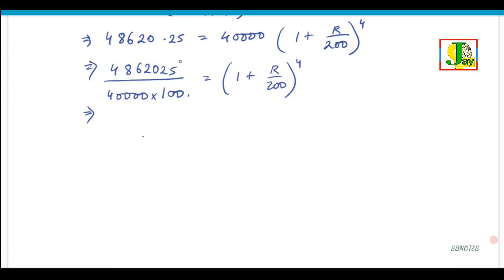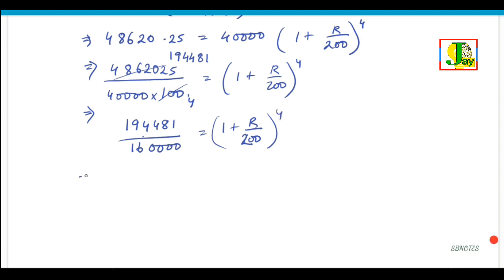If you cancel both numerator and denominator by 25, you get 25 into 4, and this becomes 25, and so on through the division. So this is 1,94,481 by 4 into 16 and 4 zeros equals 1 plus r by 200 whole power 4.